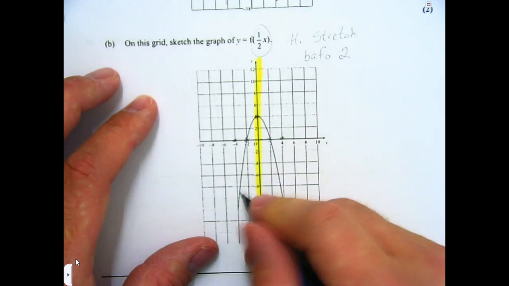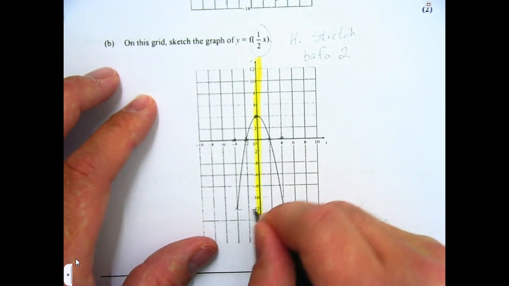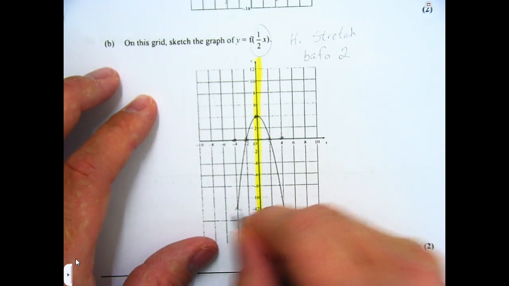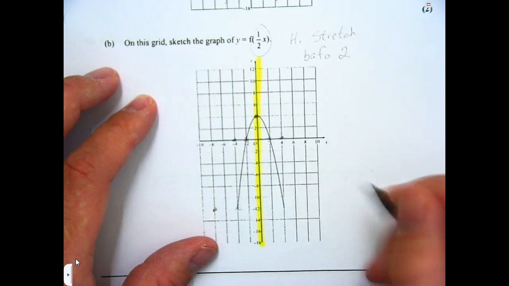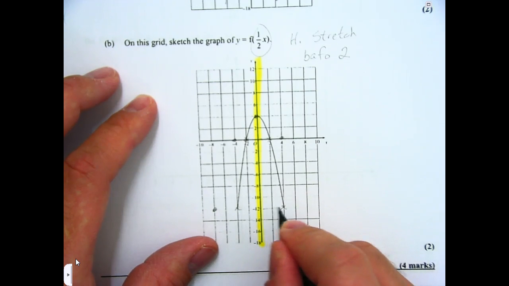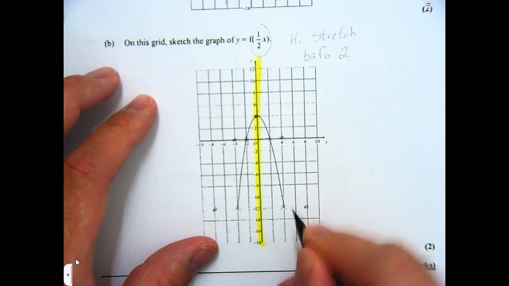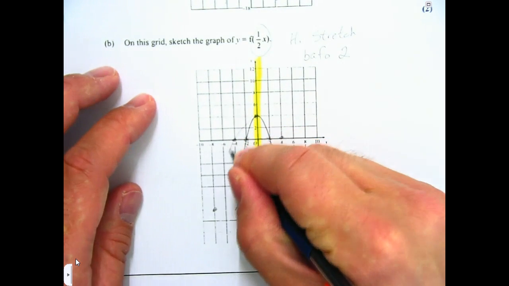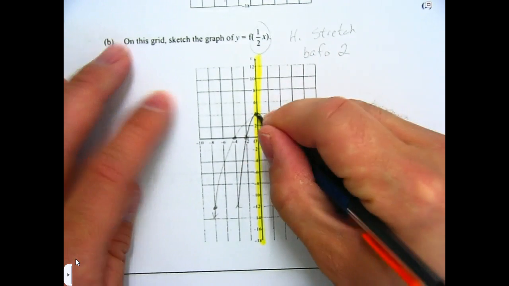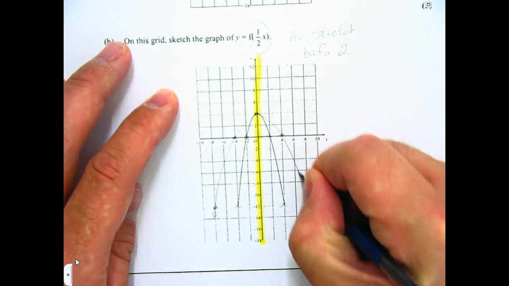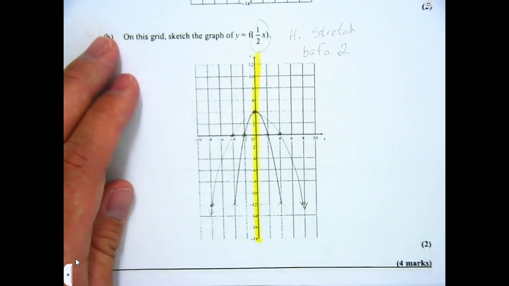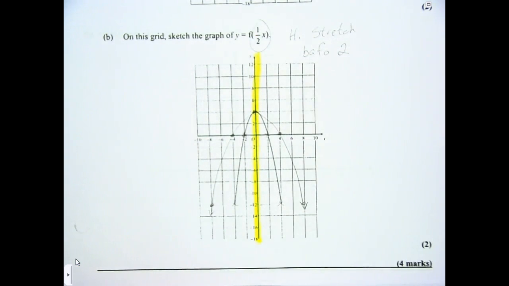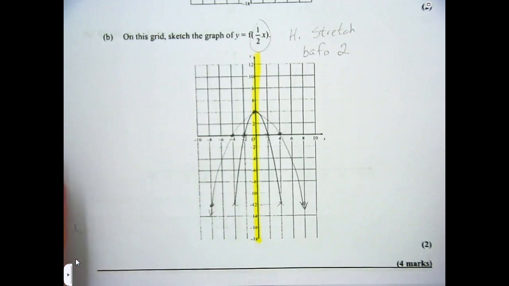This point right here that was 4 units away is now 8 units away, and this point that was 4 units away is now 8 units away. So our graph got wider. It should look like that. Okay, it did a horizontal stretch. You figured it out, Chris? Okay. Questions there? Anything on that page?